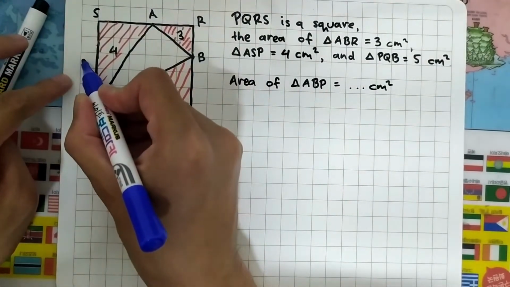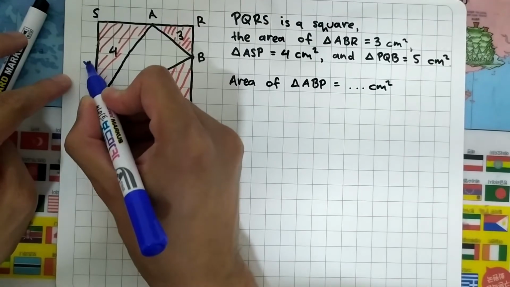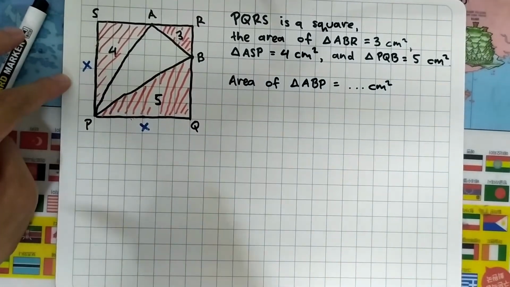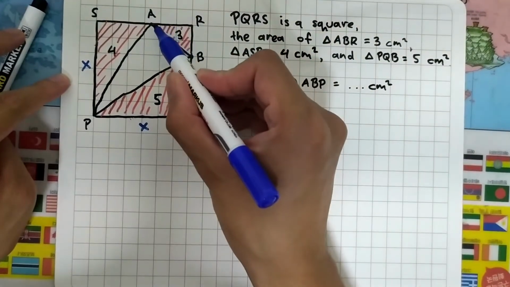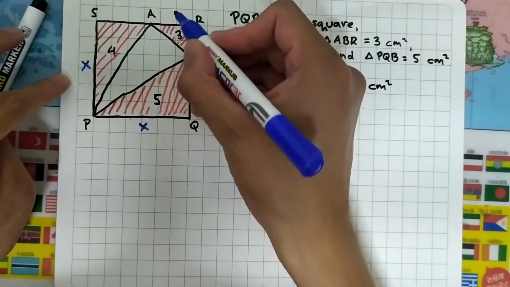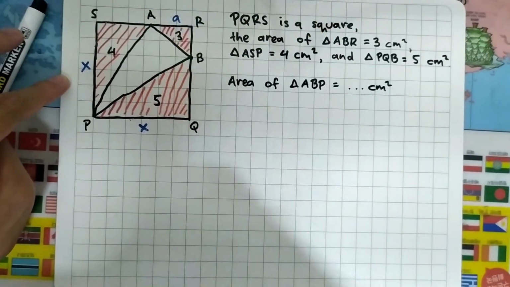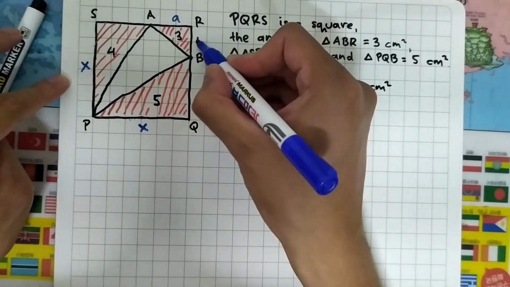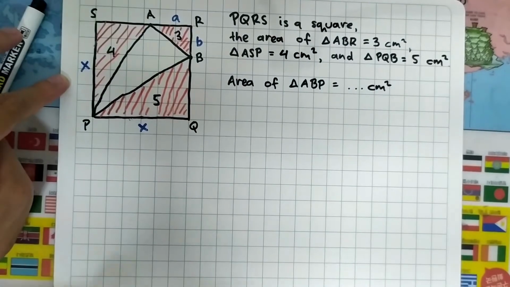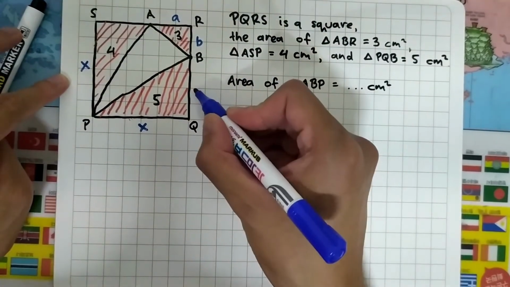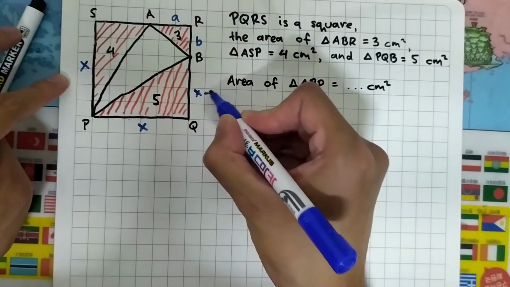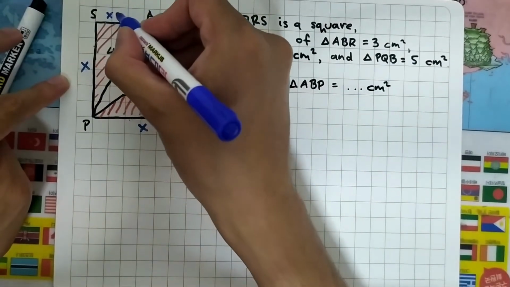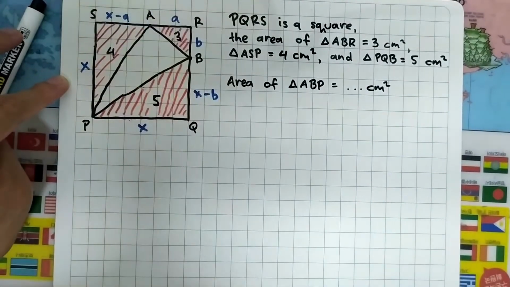Let the side length of this square be x, so this is also x, and the length of this side AR is A, and the length of this RB section is B. So here we have x minus B, and here we have x minus A.